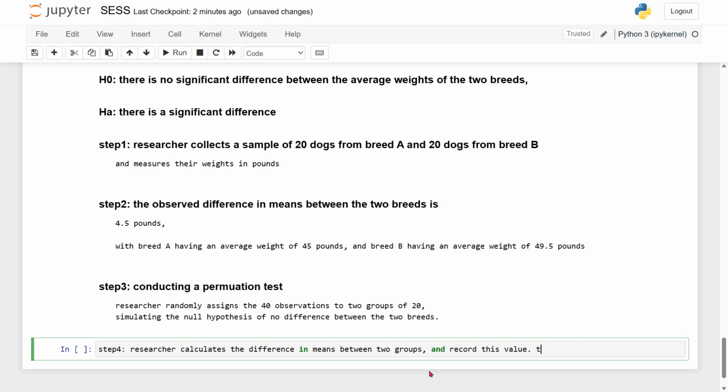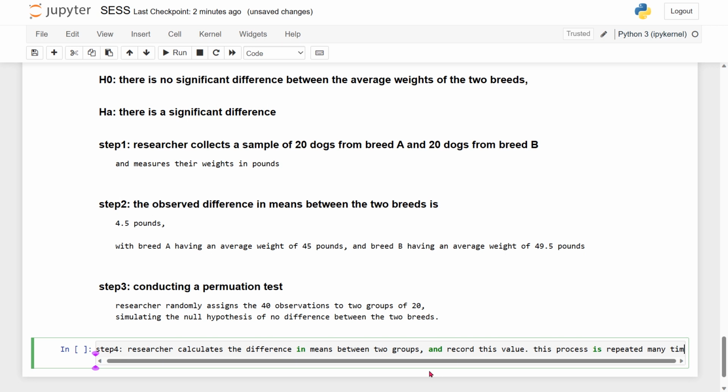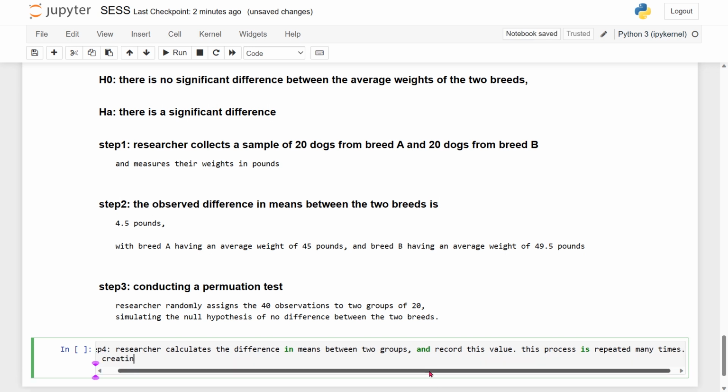This process is repeated many times, creating a distribution of differences in means under the null hypothesis.